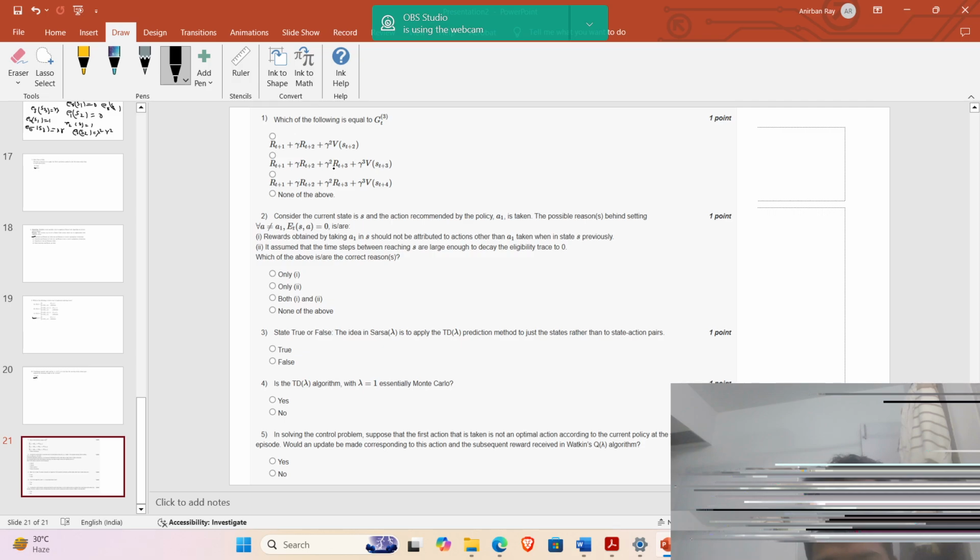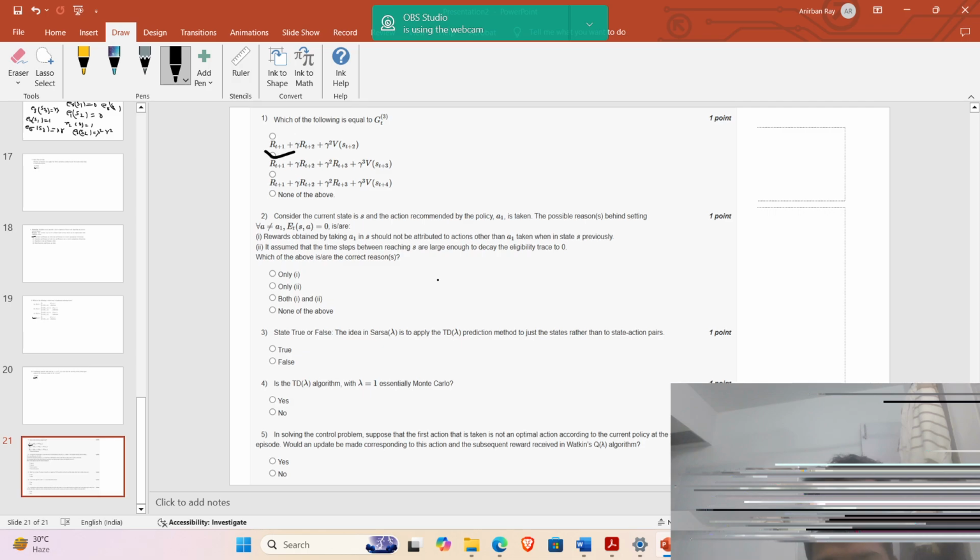And this part is another cube. Okay, and t plus 1 steps forward, right? Acha. So this is the correct one.